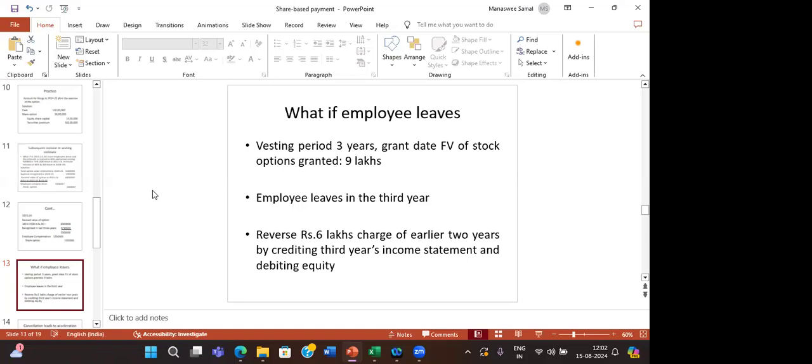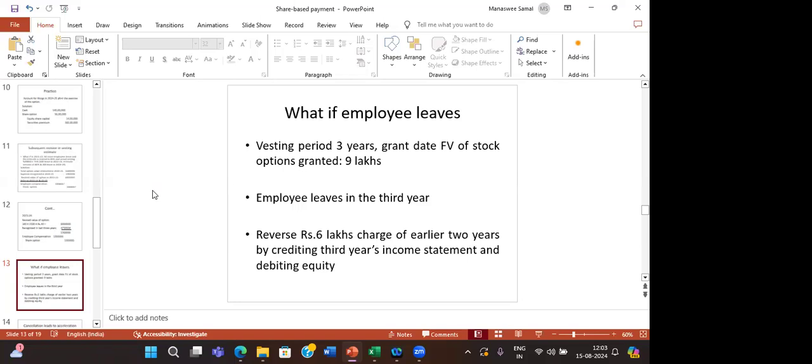So out of 3 years, let us say 2 years are over, and each year obviously you would have charged 3 lakhs to the P&L as employee benefit expense. So earlier 2 years P&L has been charged with 6 lakh of expense cumulatively.